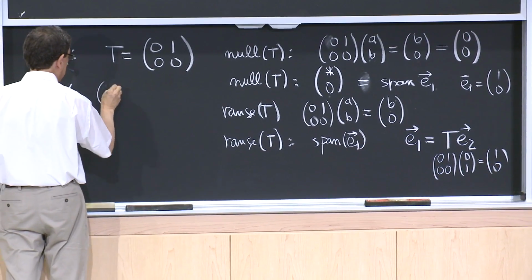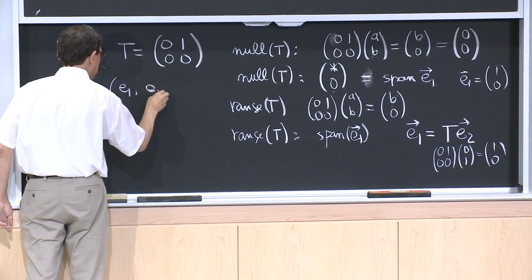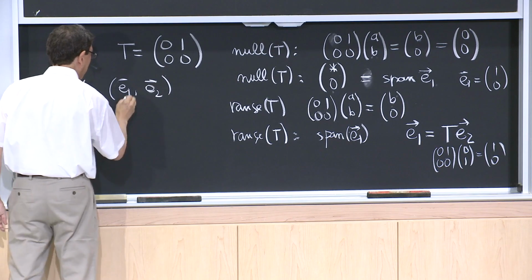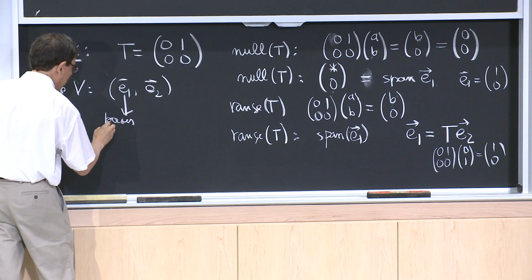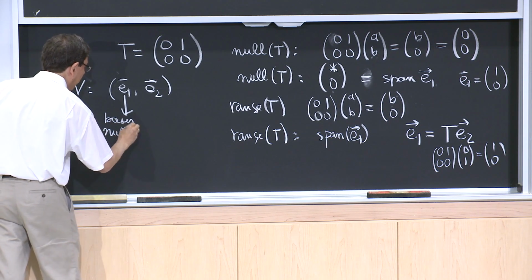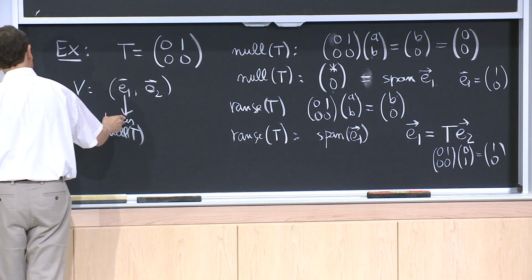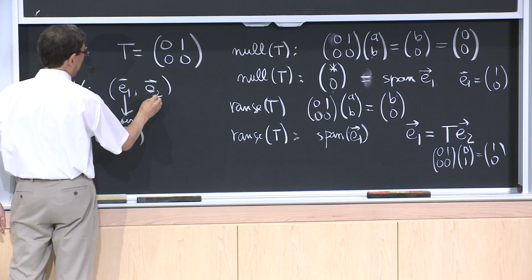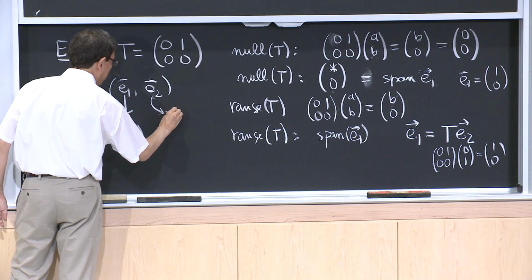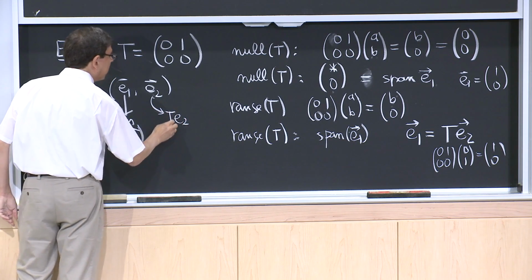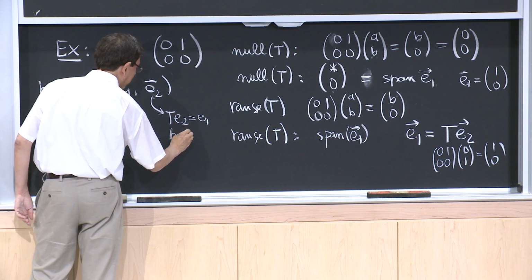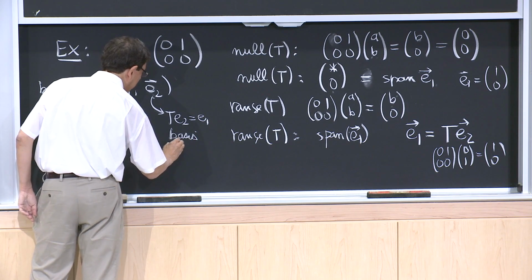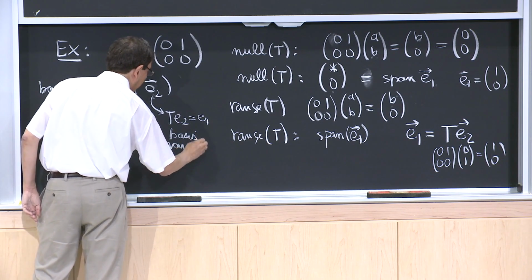There's e1 and e2. And e1 is a basis for null of T. And the second vector is such that T of e2, which is e1, is a basis for the range of T.